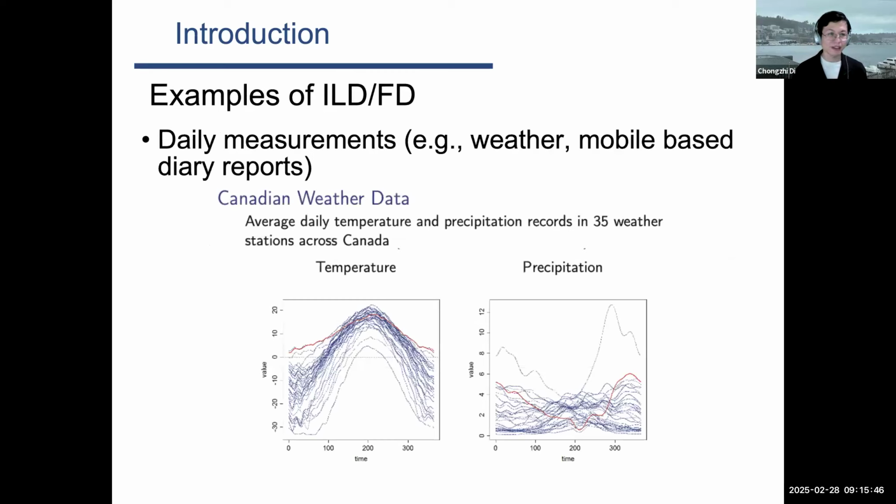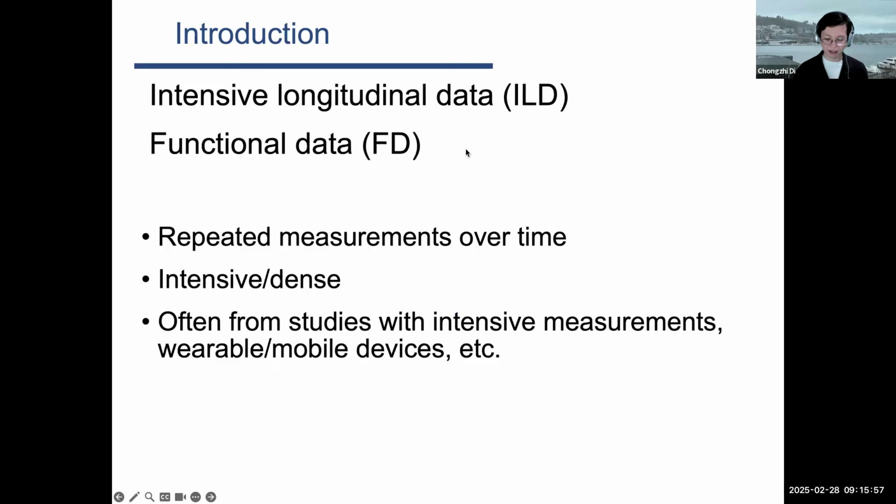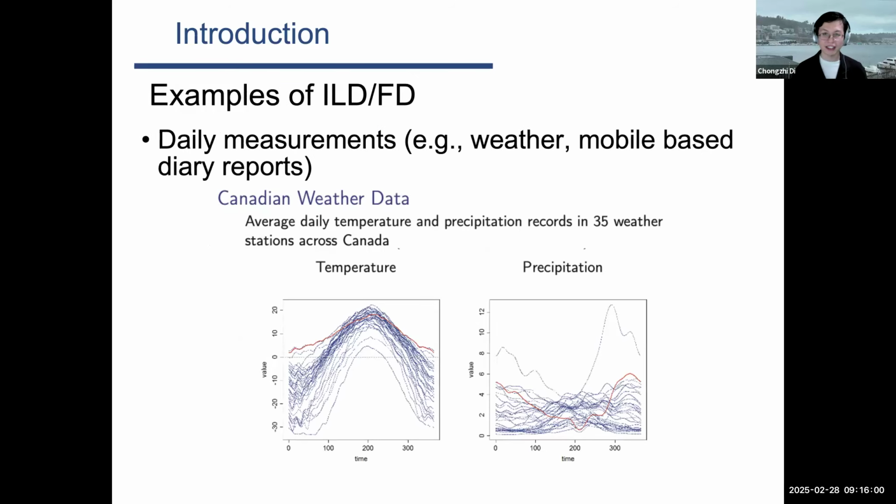The first one is that we can, for example, get daily measurements on our scientific target. For example, you get weather data for each day, or mobile-based diary reports. In this figure, I show Canadian weather data from the functional data analysis book. There are 35 different weather stations across Canada. For each weather station, every day, they record the temperature and also precipitation levels.